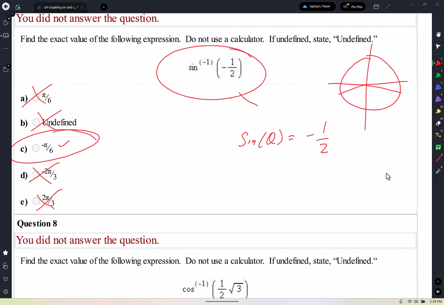Negative pi over 6 is this angle right here. Remember, it goes clockwise. Are we okay, guys? All this means, you see how it says sine inverse of -1/2? That means if you say it equals theta, then sine of some angle equals -1/2. That's all it means. It's just the inverse of it.